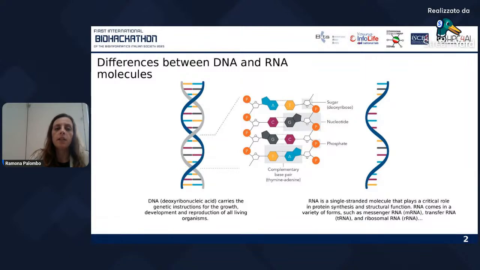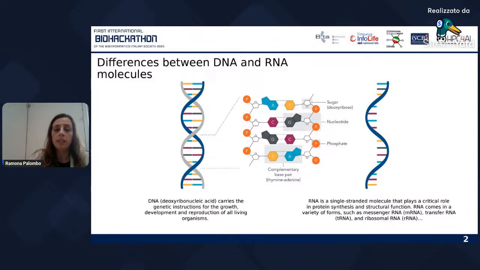And these are the main differences if we talk about the structure, but also in the three-dimensional structure of these two molecules, we can find differences. As I said before, the DNA is a helix, so it has two strands.